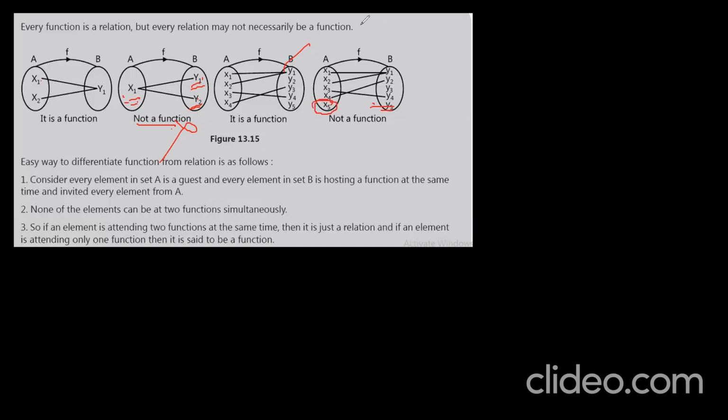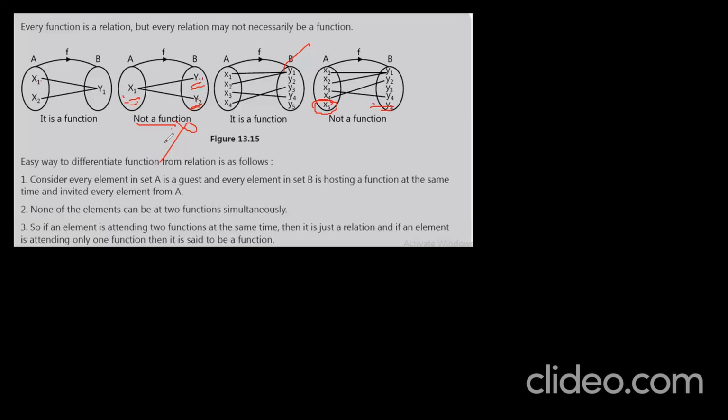Each and every element of A should correspond to B in such a way that a unique image appears in B with respect to A. That is called the function. Got it? You see, there is an easy way to differentiate function from relation. Consider every element in set A is a guest and every element in set B is a host. So one guest, one host, like that.